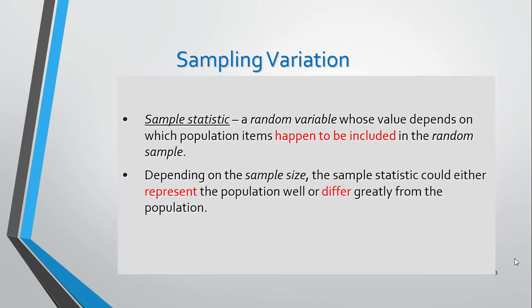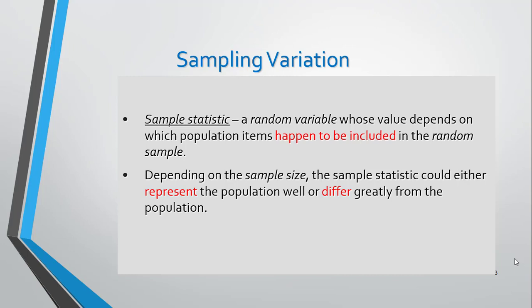Depending on the sample size, the sample statistic could either represent the population well or differ greatly from the population. Of course, when we do our research, we want the sample to be representative of the population, so the results we gain from the sample are meaningful and can be generalized to the population.